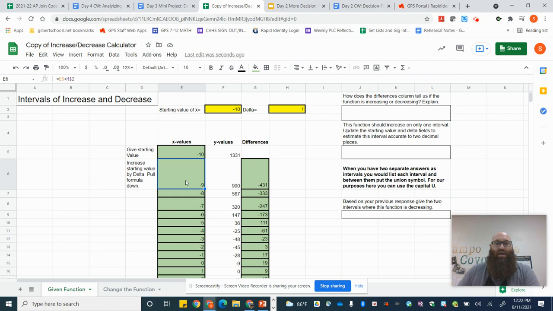And then here in this delta column, the second value is calculated by taking the initial starting value, here is E5, plus H dollar sign 2. And again, what we talked about yesterday with that dollar sign is that it made sure that whenever we pulled our formula down, we were always referencing this one specific spot.